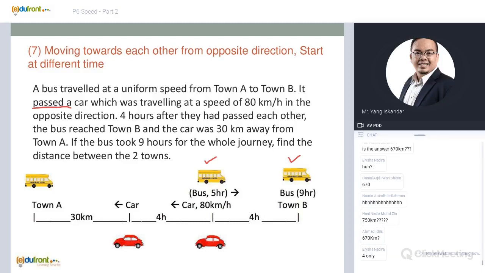Okay, I give you a clue. The answer is not 670 kilometers. First step, find the distance traveled by the car in 4 hours.